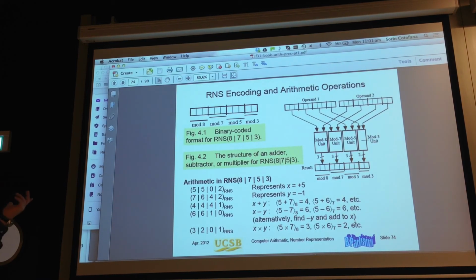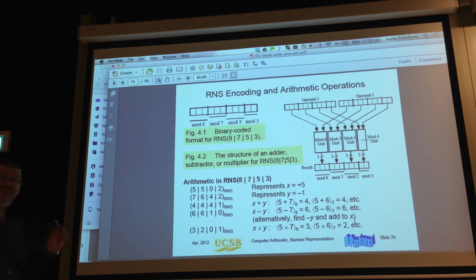Remember, I had to put some effort to do the conversion, and eventually I would have to put some effort in converting this back to binary because my processor will not understand that. If I do that too often, forget it. If I do it every now and then, it might be a good thing to do. It's the same story which holds true for binary signed digits and for redundant representations.